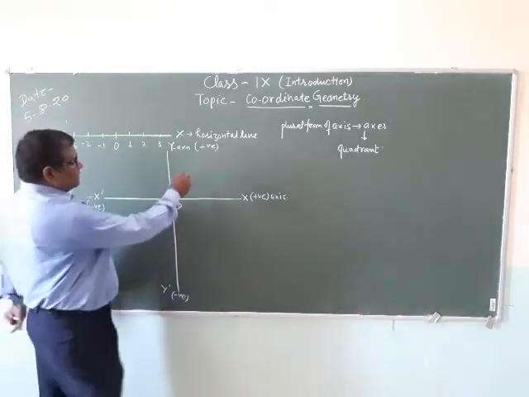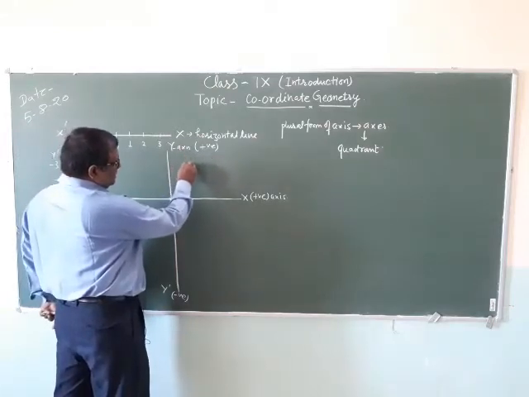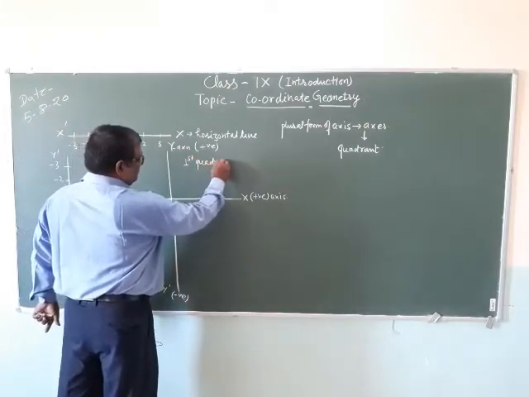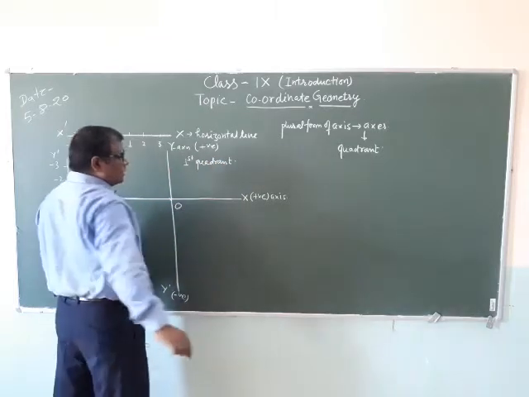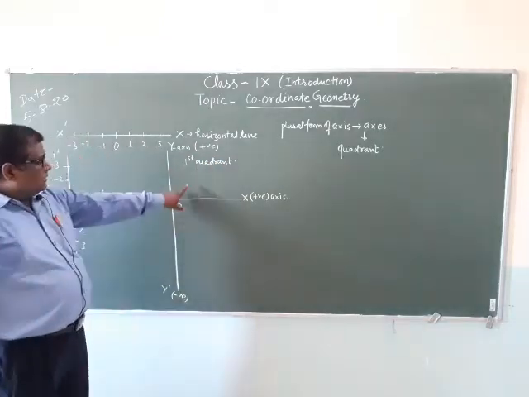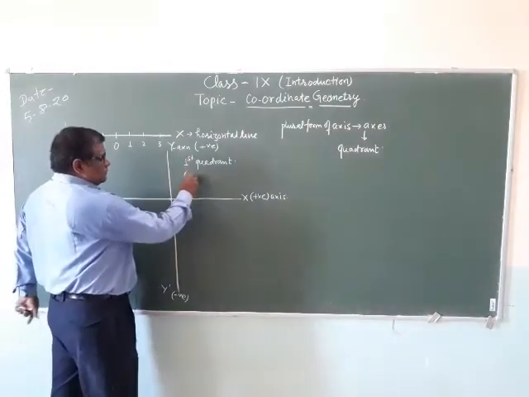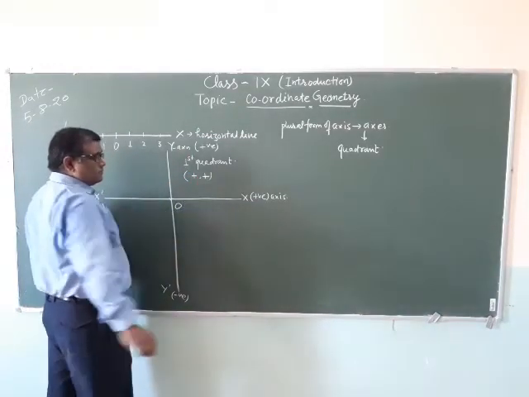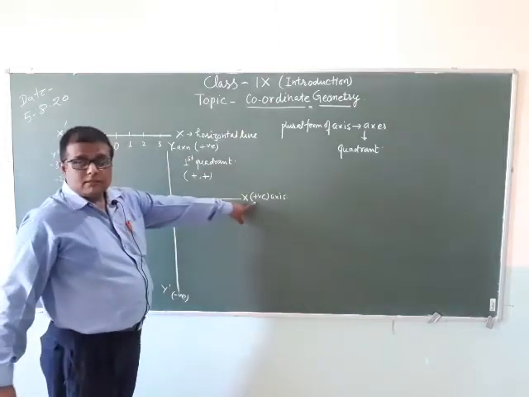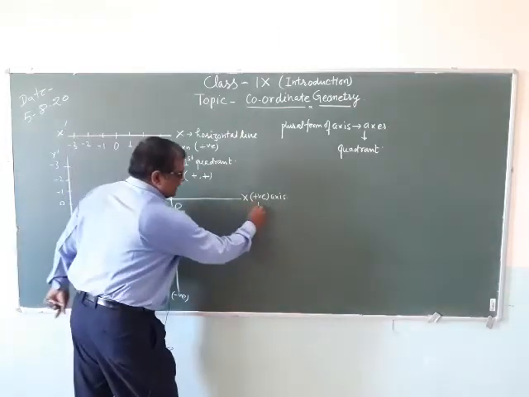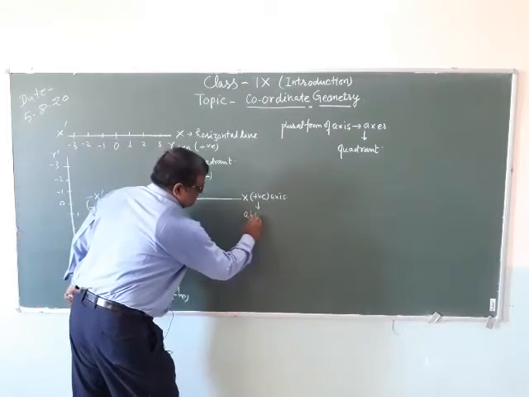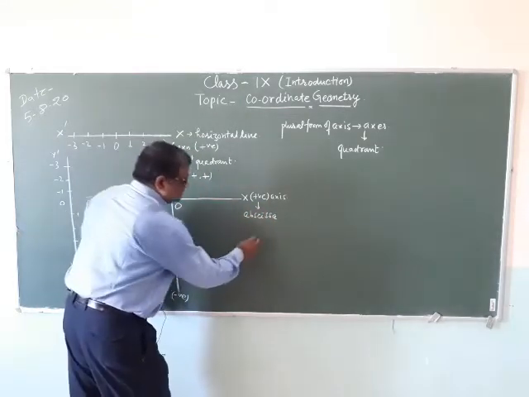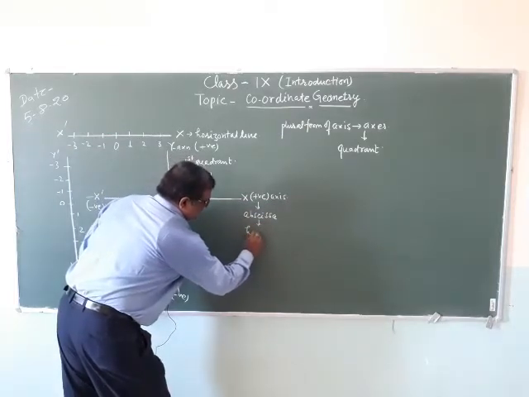In the first quadrant, both of the ordered pair, here both are positive. The x axis is also known as abscissa, which is also known as horizontal axis.